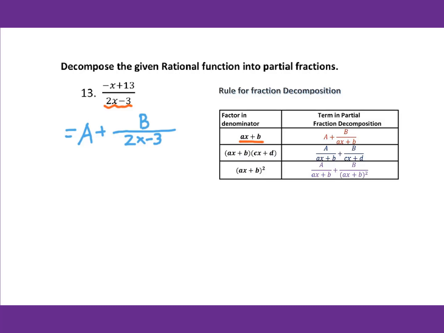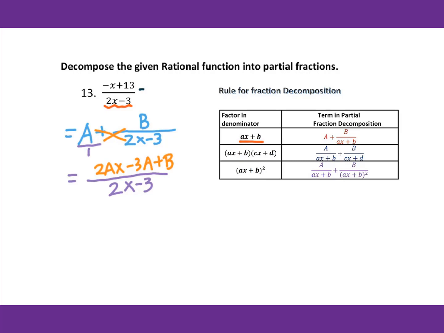Then we do the operation of this fraction. Multiply the denominator 2x minus 3, then cross multiply. You will get 2ax minus 3a plus b.